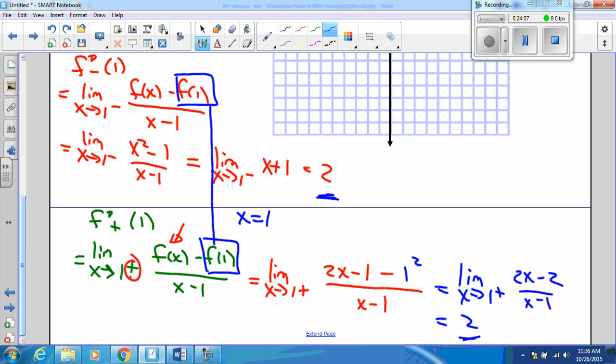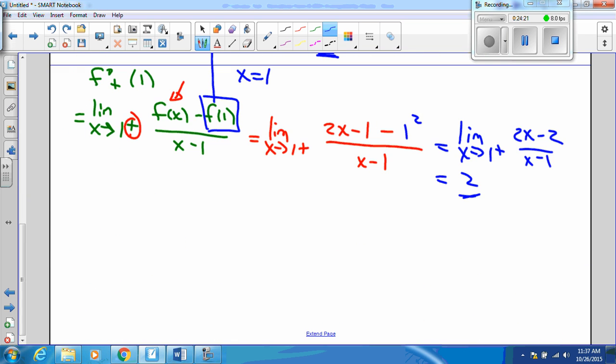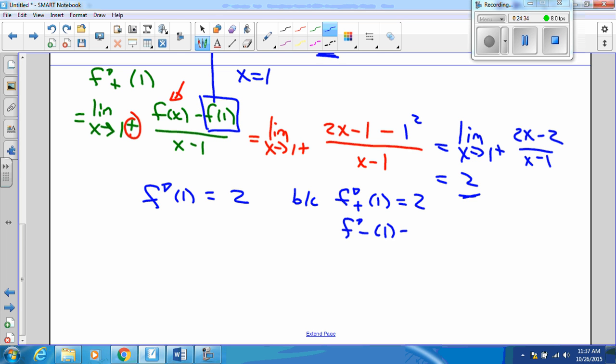So in contrast to our absolute value of x, this piecewise function had the same slope from both sides, and therefore its overall slope at 1 is that value, which is 2. So we would conclude that f prime of 1 is equal to 2 because the derivative from the right is 2, and the derivative from the left is 2.